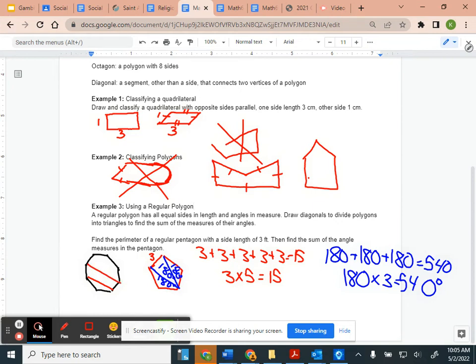Oops, that's not a triangle. So I need to go from vertex to vertex.